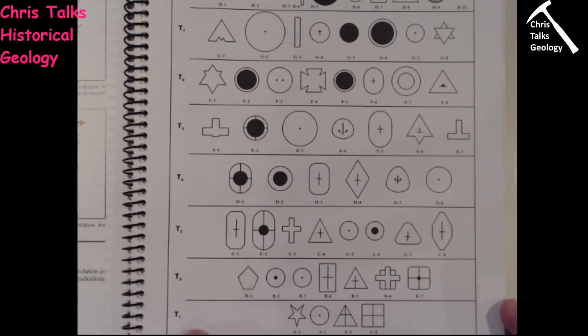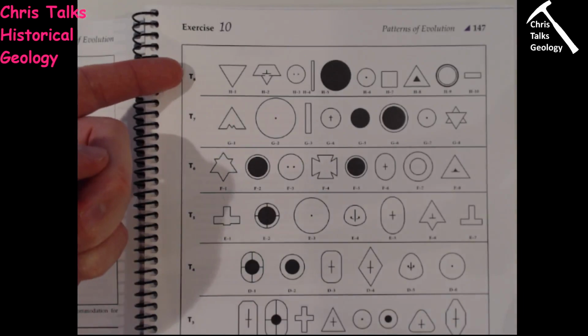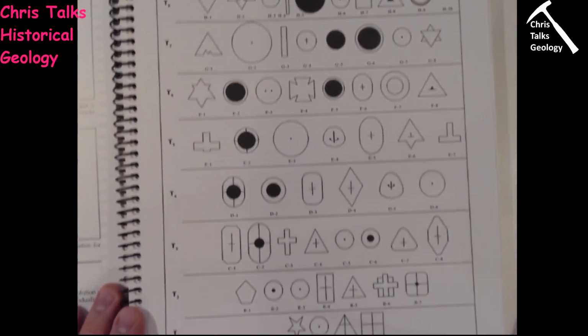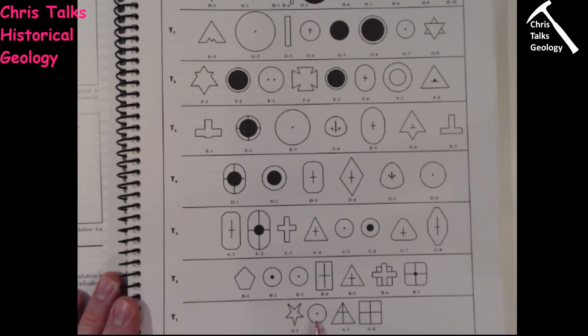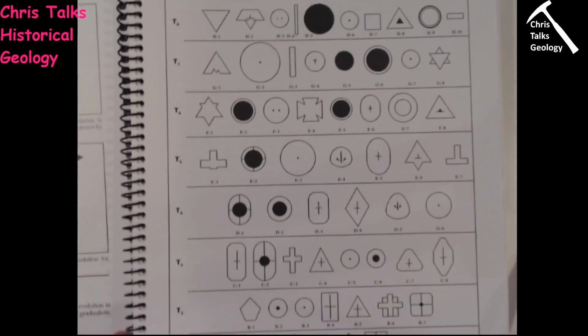The oldest layer is T1, and the youngest layer is T8. Each of these shapes represents a fossil. For layer T1, there were 4 fossils. For layer T2, there were 7 fossils, etc. So that's the basic idea.